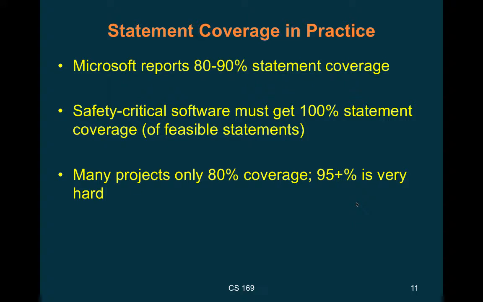But I do want to point out that there are some rules that the government has put in place for very specific domains, like the medical domain, when the software is controlling a device that could damage health, and for safety critical systems like nuclear reactor control systems or airplane or car control systems. And I'm not talking about the entertainment system, I'm talking about the stuff that can actually do bad things. And there they actually impose 100% statement coverage among many other things to help get the quality up.